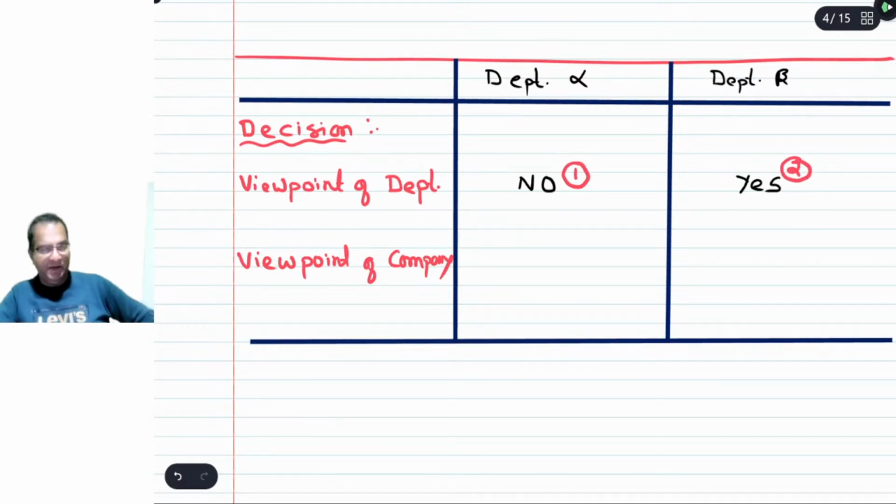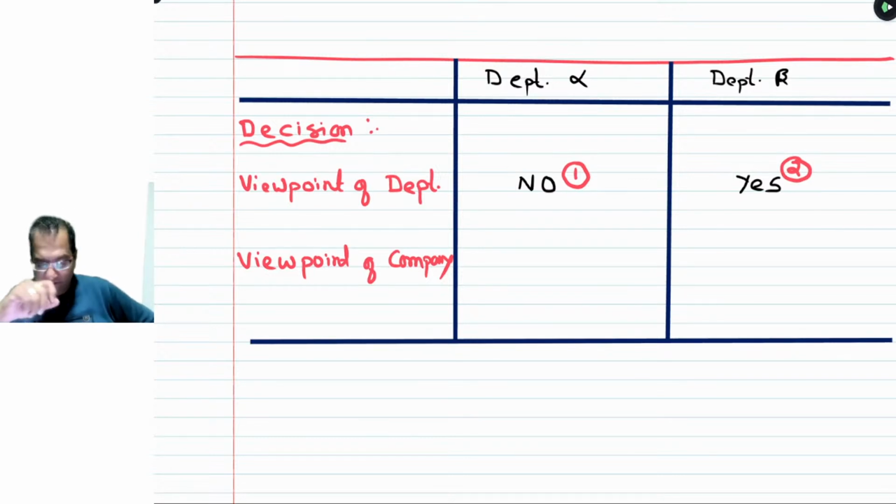Can you please tell me, beta, why department alpha is not at all interested in this new investment? Don't answer me. Just think on your own, beta, without referring to the solution in the study material.